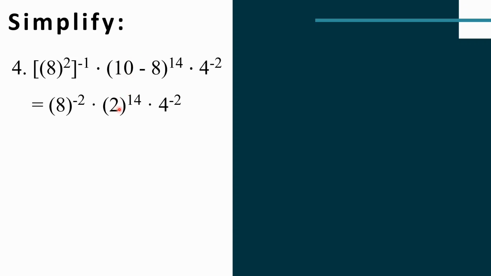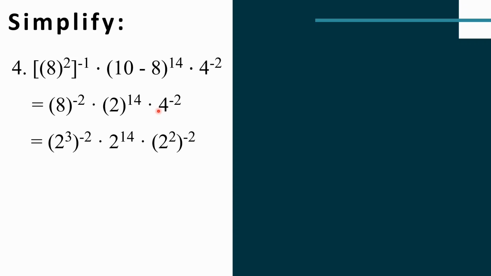So, we have, yan. So, here, since ang 8, ang 2, at ang 4, ay pwede natin siyang kunin ang exponential form in which yung base natin ay magiging pare-parehas na 2. Dahil alam naman natin na ang 2 times 2 times 2 ay equal sa 8.